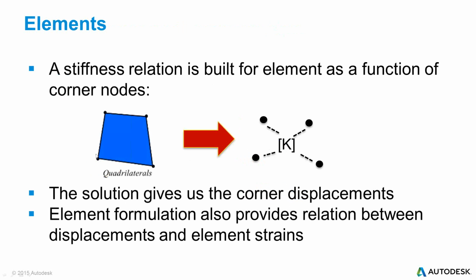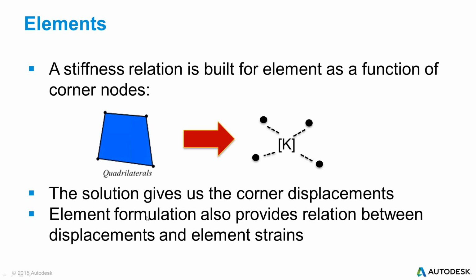So when I create an element in a finite element, what I'm doing is building a little stiffness matrix that says these corner nodes will relate to each other with a stiffness related to how stiff my formulation for my element is. So when I solve the problem, I get these corner displacements, and knowing the stiffness, I can get things like strains and so on.